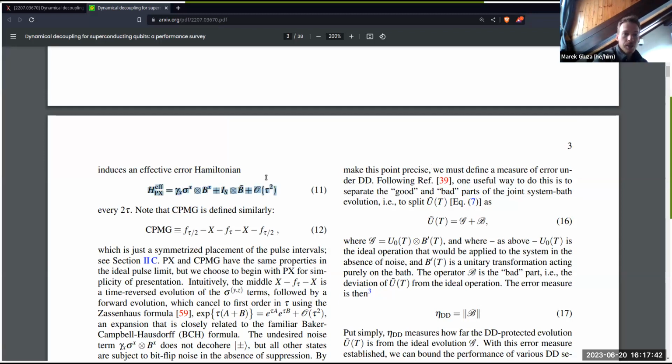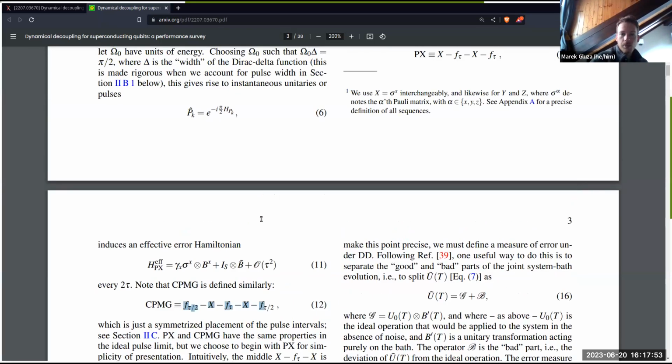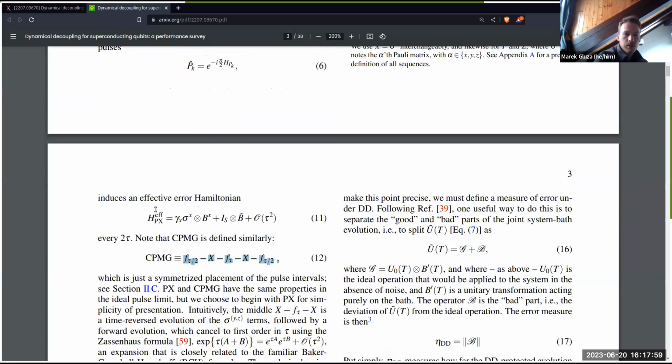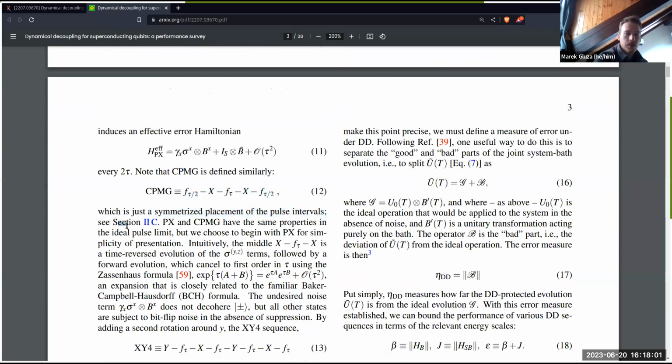Okay, so anyway, we get this Hamiltonian, and there's another method, CPMG, which is similar to this, but you have two evolutions for half a step size, so it's more symmetrical. It says here, symmetrized placement of the pulses.